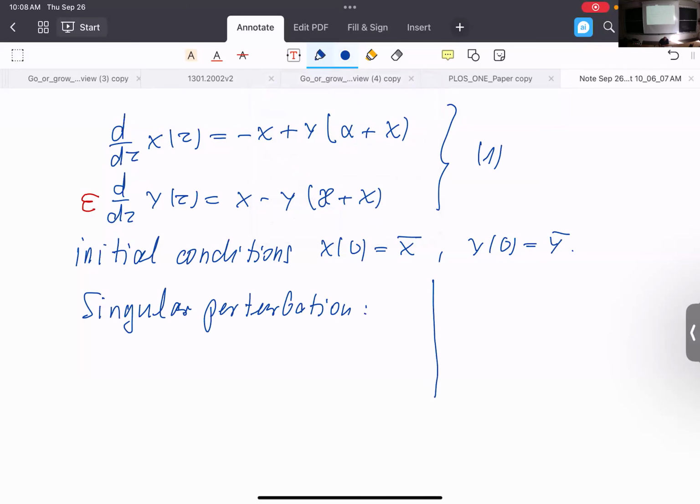The idea is to identify different time scales. A fast time scale and a slow time scale. Fast means this is something which happens initially, if this is time, and this is x and y. And the slow time scale or the long time scale would be for long time. Fast and slow.